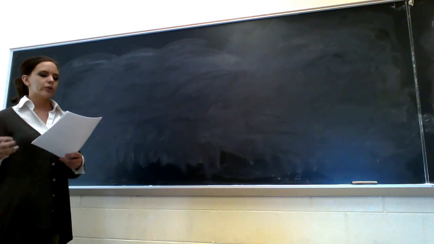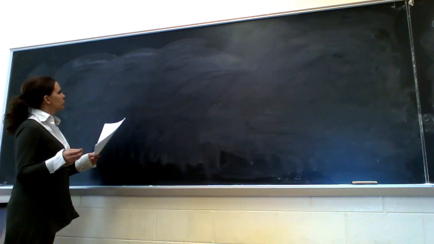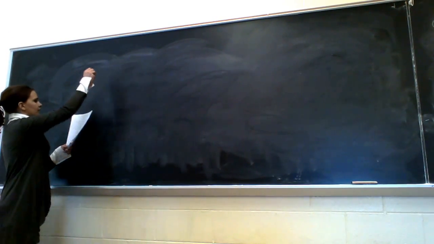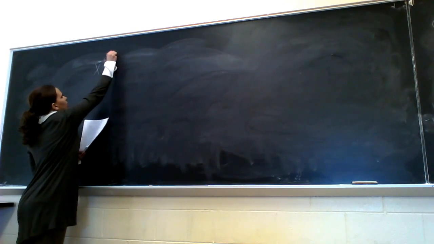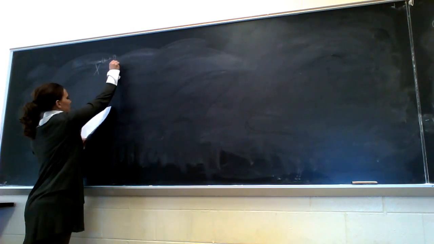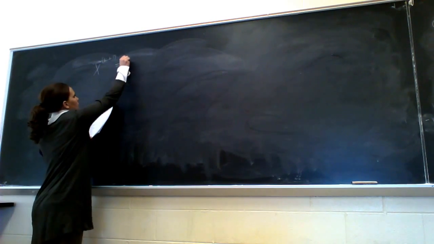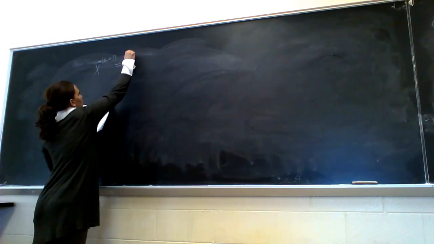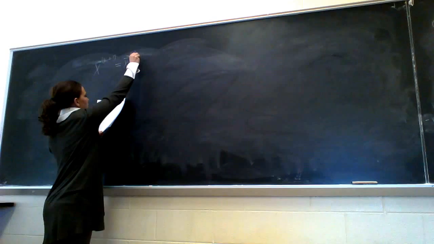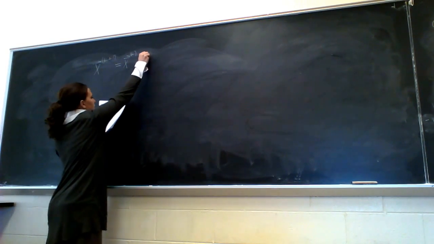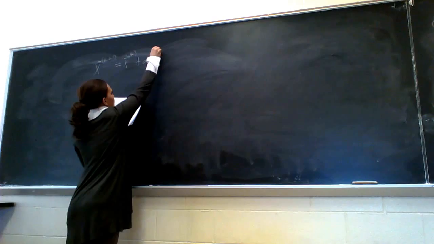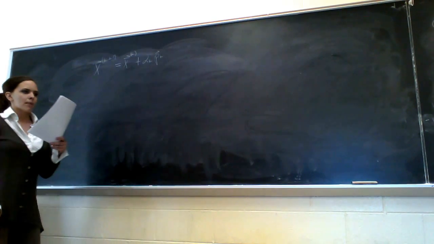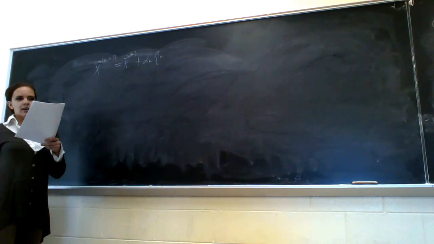Alright, so in these non-stationary iterative methods, that's what I just had up there, we had xk plus 1 equals xk plus alpha k times bk, or alpha k times rk.